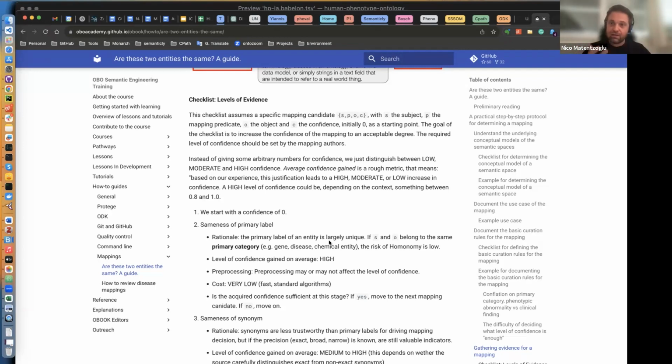So this is the first property that a specific justification can give you. It gives you confidence.